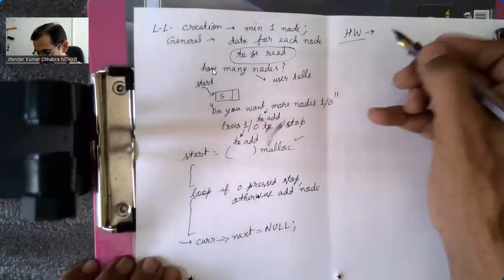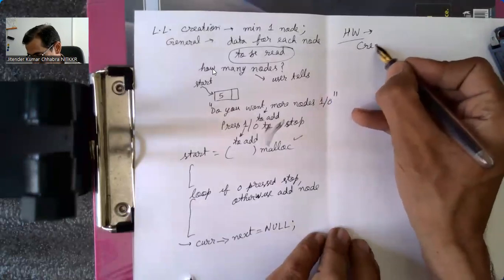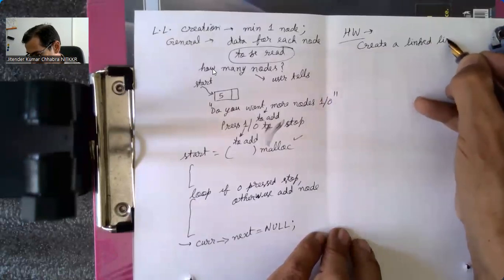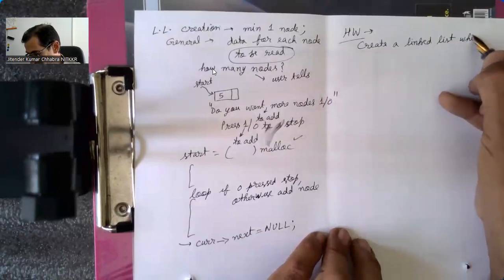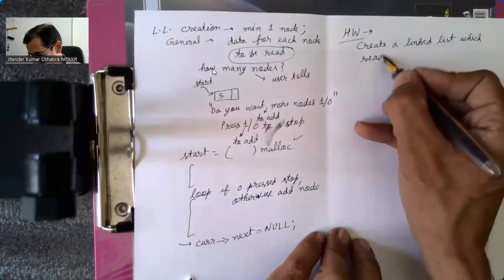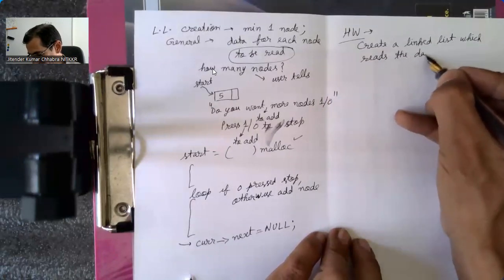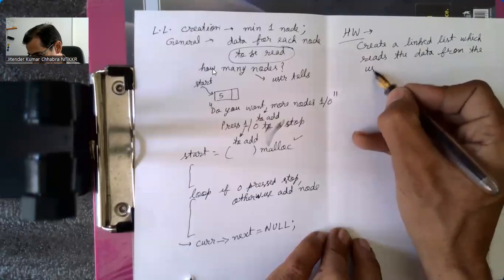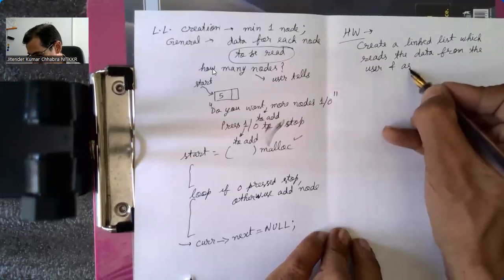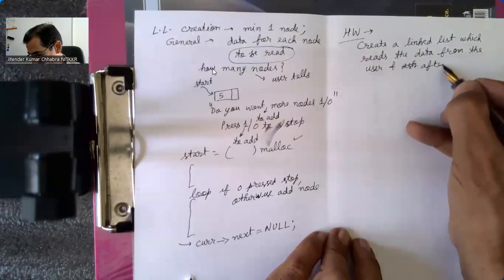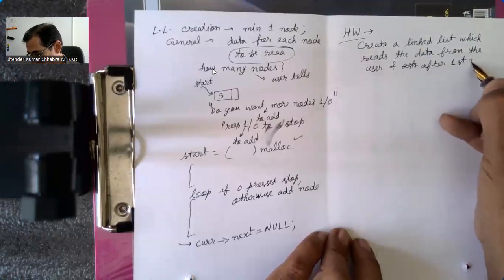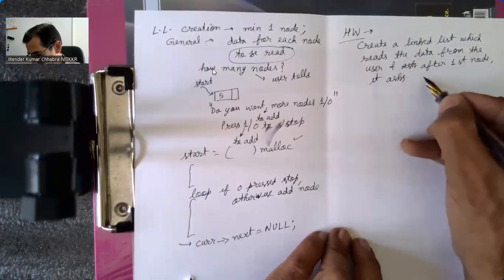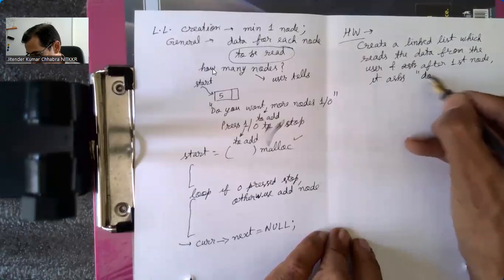Try to write code to create a linked list which reads the data from the user and, after the first node is guaranteed to be created, asks the user, do you want more nodes or not?